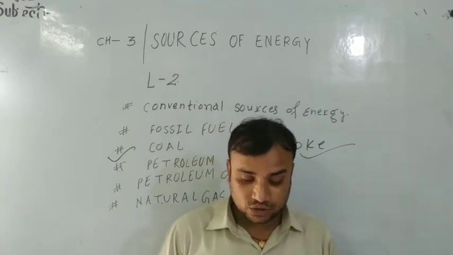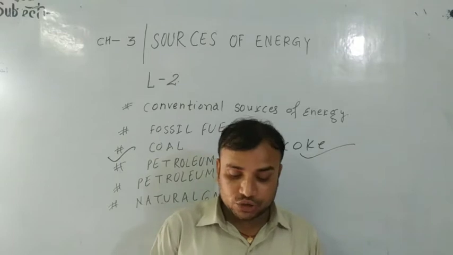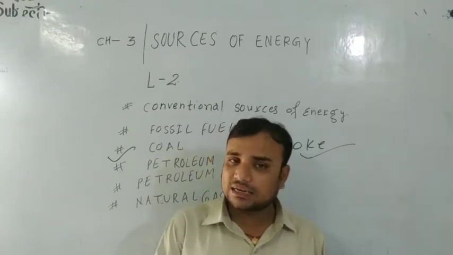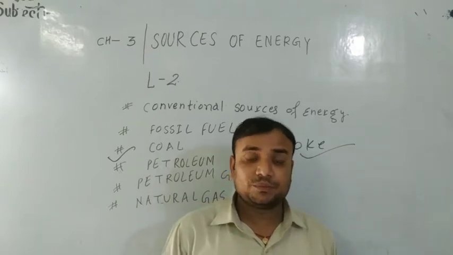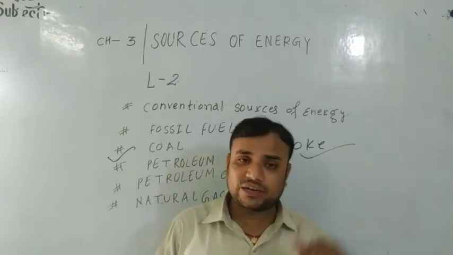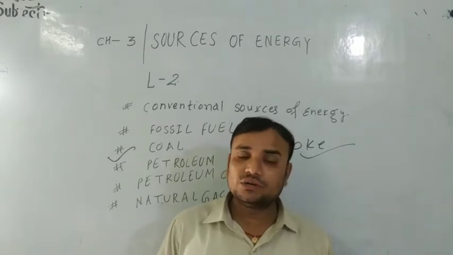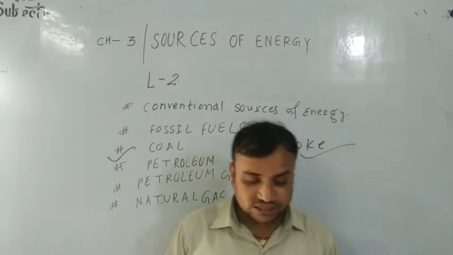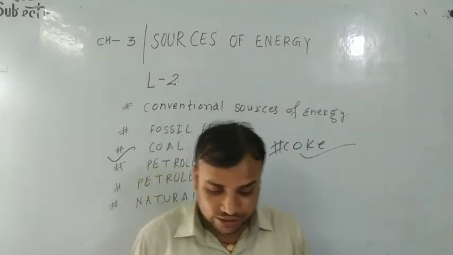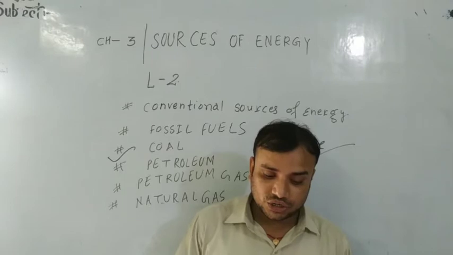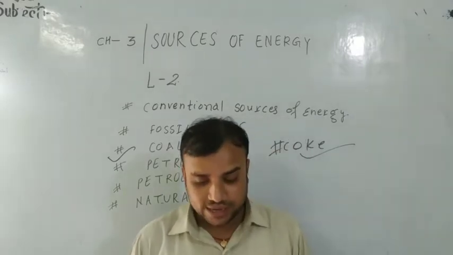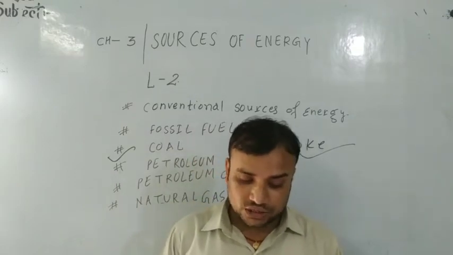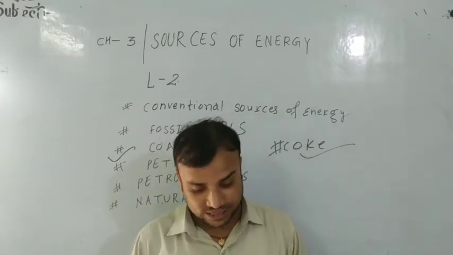The coke is then used as a reducing agent in the extraction of metals. A reducing agent is that type of agent which gets oxidized. In chemistry, you study reducing agents and oxidizing agents. Next, coal is used in the manufacture of fuel gas like coal gas. And dear student, coal is used to manufacture petrol and synthetic natural gas.